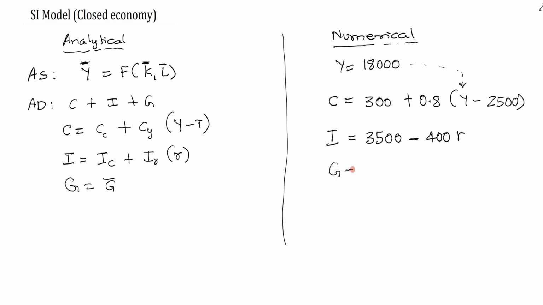Again, we are just going to make up some number, say 3,000. And then of course T is also exogenous, and we have already assumed it to be 2,500. So here's the setup of the model, both in the analytical framework as well as in the numerical framework.